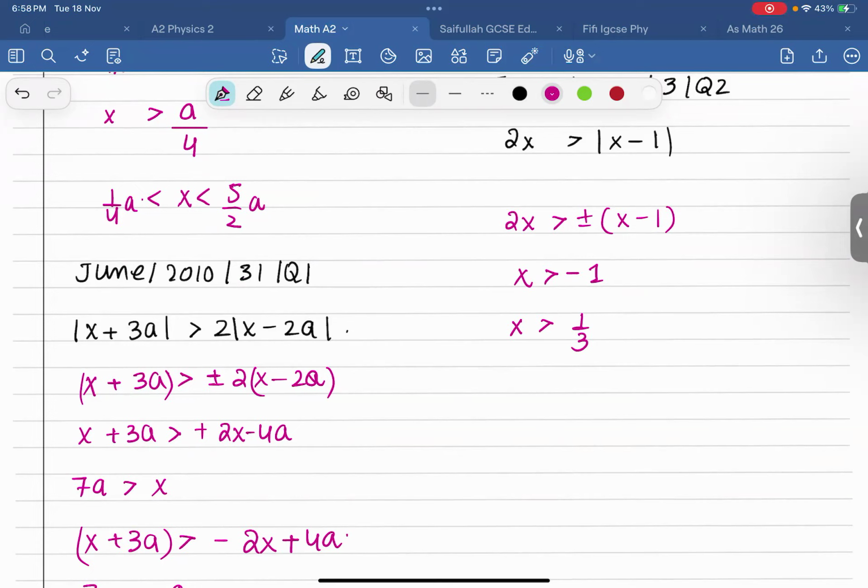Because if you draw it on the number line, so 1/3 would be here and this is here, right? And this is moving from this to the other way, right? Yes.